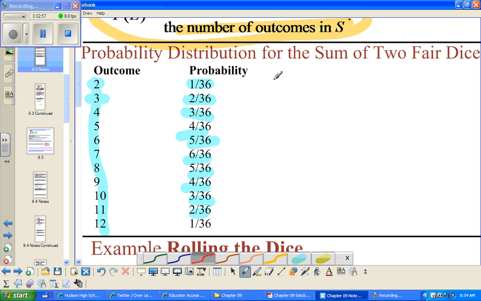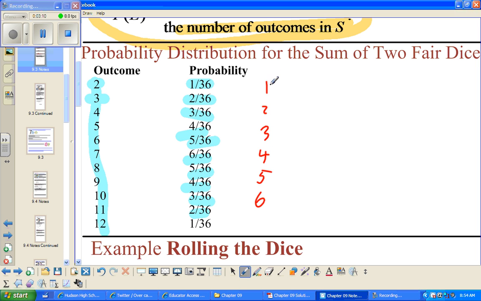Just to get you started, you could do a tree. I could roll on the first die a 1, 2, a 3, a 4, 5, or a 6. And then on the second die, I could get a 2, 3, 4, 5, or 6.